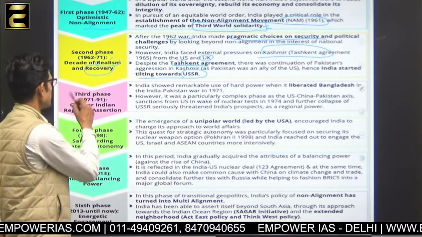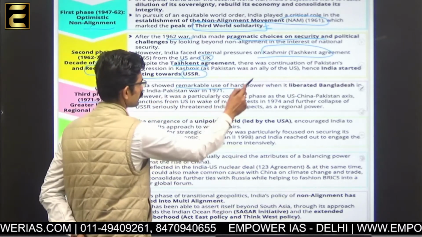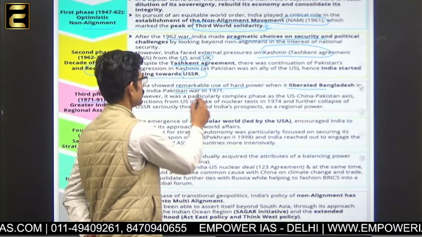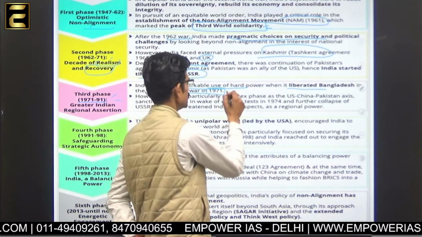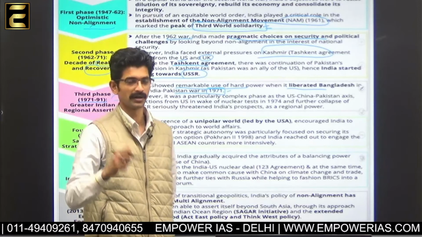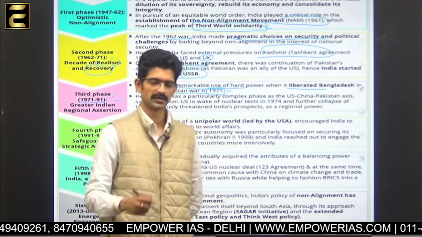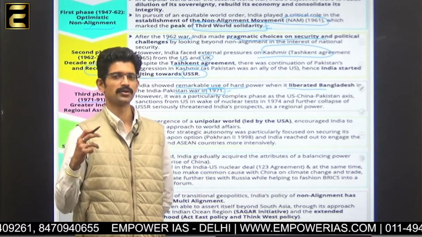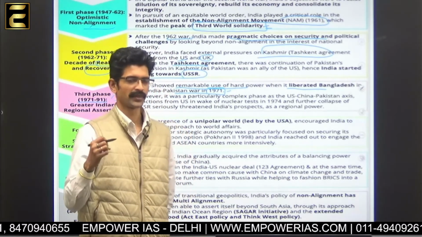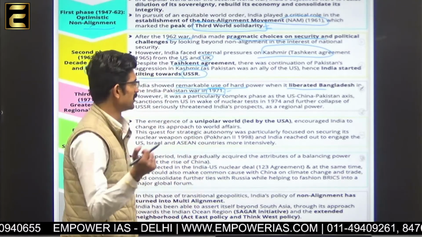Then third phase was 1971 and 1991. India shows remarkable use of hard power when it liberated Bangladesh in 1971 war. 1971 में India became a hard and strong power when India liberated Bangladesh. Indira Gandhi government started its agitation toward Pakistan. So Bangladesh, that was a part of East Pakistan, against which India started aggression and make the new state by making Bangladesh an independent nation.